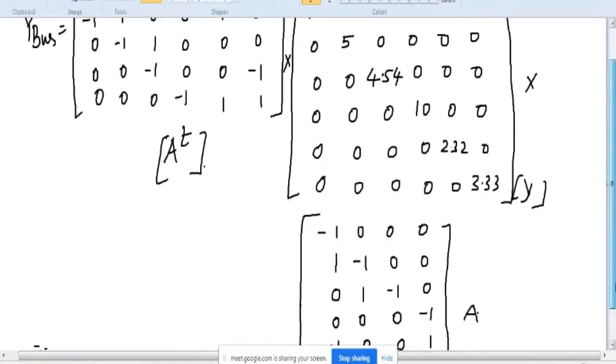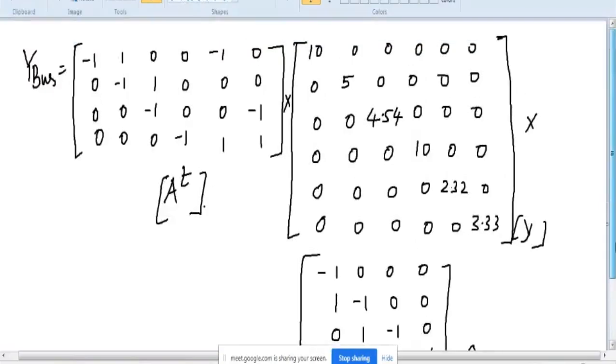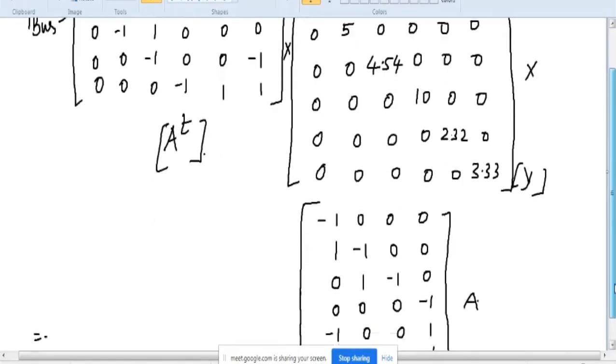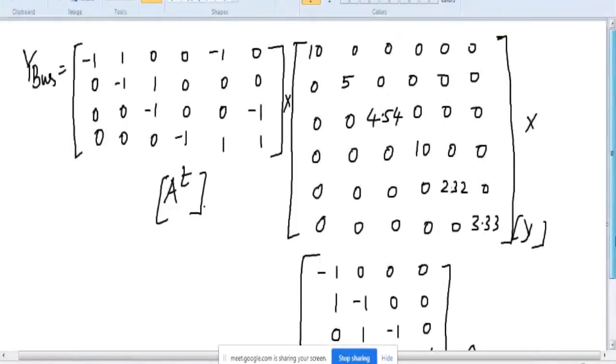Similarly, you have to find out YBR. The formula is B transpose YB. So this is for YBus. The YBus formula is A transpose YA. So whatever is there on your screen, with the help of that, you can solve the YBus part. After this YBus part, you have to calculate the YBR part.